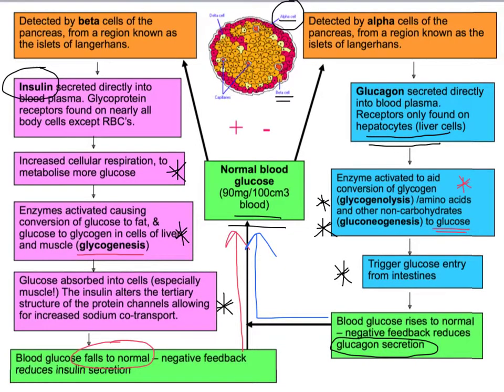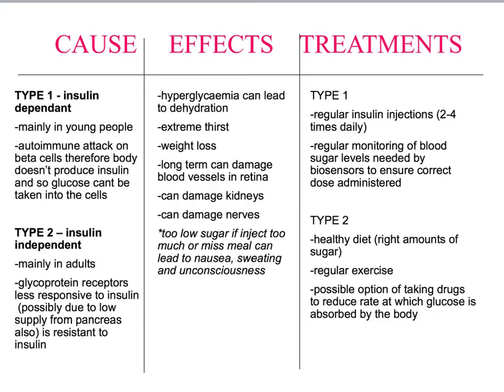I want to just finish this video by talking about diabetes. Diabetes is a topic that often is taught after blood sugar control is taught, because what I've been saying in this video so far is about just normal blood sugar control.